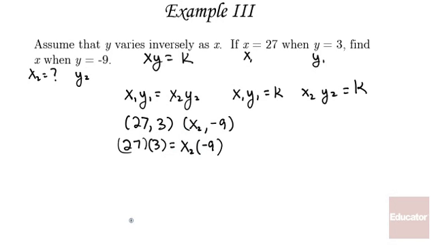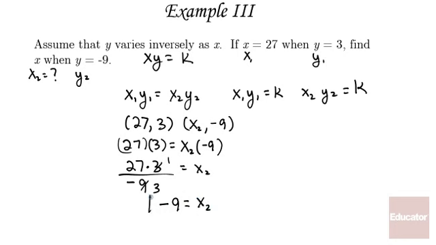So all I need to do now is solve for x2. I'm going to divide both sides by -9. So it's going to give me 27 times 3 divided by -9 equals x2. Well, I can cancel out a factor of 3 here, and that gives me 27 divided by -3. x2 equals -9.